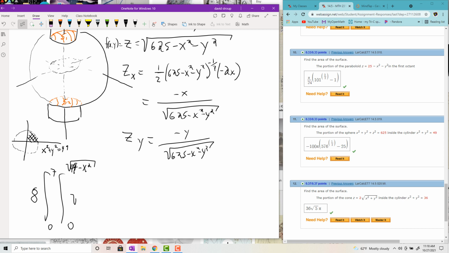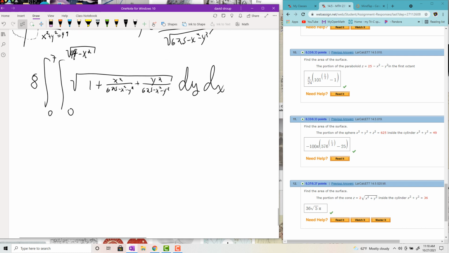And then my square root is going to be 1 plus zx squared, which is x squared over 625 minus x squared minus y squared, plus y squared over 625 minus x squared minus y squared. And then this dy dx is what I specified: y equals 0 to y equals square root of 49 minus x squared, x equals 0 to x equals 7.